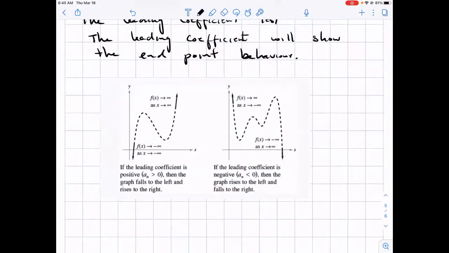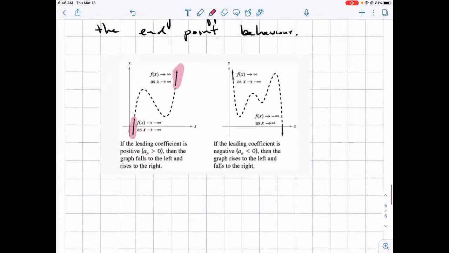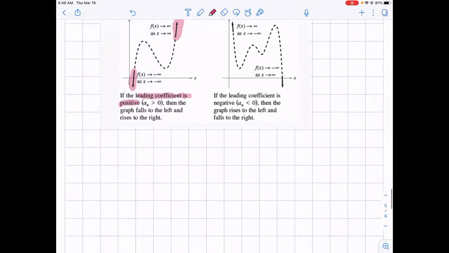So if you look at the picture here, when we talk about the endpoint behavior, we're talking about this part of the graph. And you will notice that if the leading coefficient is positive, the graph will always fall to the left and rise to the right. Anytime the leading coefficient is positive. In addition, here we're talking about an n degree where n is odd.